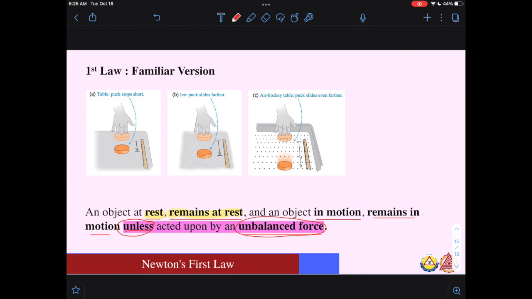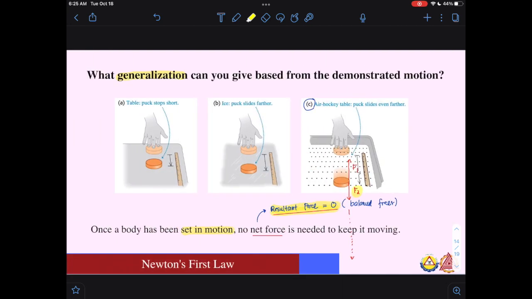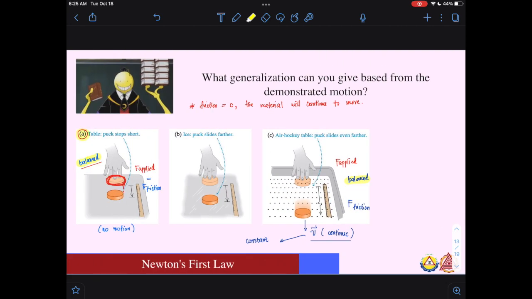Secondly, let's try to deal with this one. An object in motion remains in motion unless acted upon by an unbalanced force. So that is the case for the C here. Ang imong C, once na balance na ang imong forces, ang imong F applied ug F friction, mag-balance na sila.